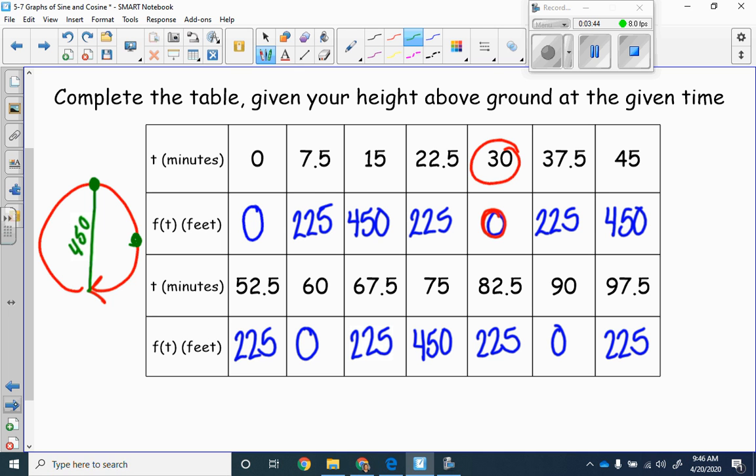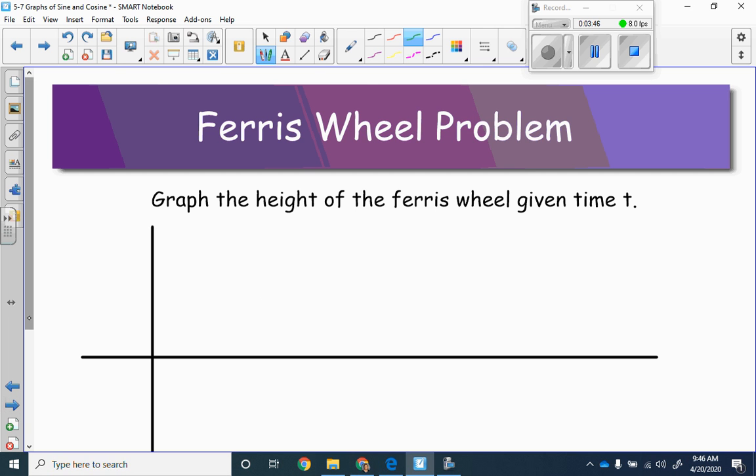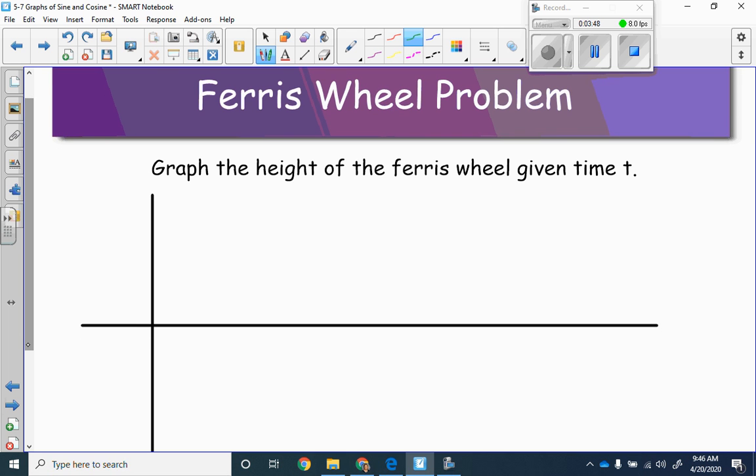Next, what I'd like you to try and do is, can you come up with a graph of this, which is giving you the height of the Ferris wheel over the amount of time? So that means that along your x-axis is going to be the time, and my suggestion is that you go off of the information that you have here.